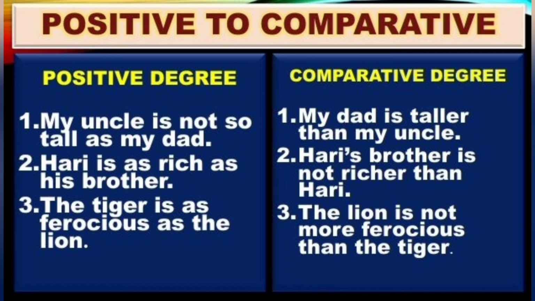So the answer becomes my dad is. The adjective part, so tall as, becomes taller than. So the answer: my dad is taller than my uncle. Okay, second example. Hari is as rich as his brother. Here the adjective is as rich as, the subject is Hari, the verb is, and the fourth part is his brother.